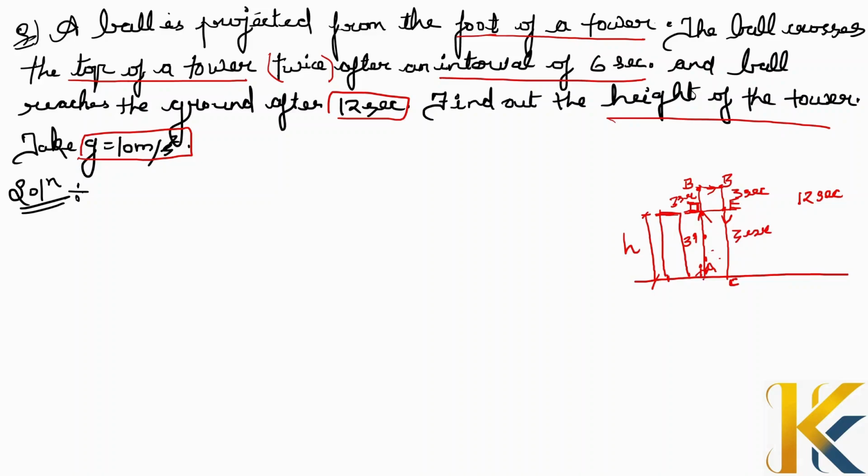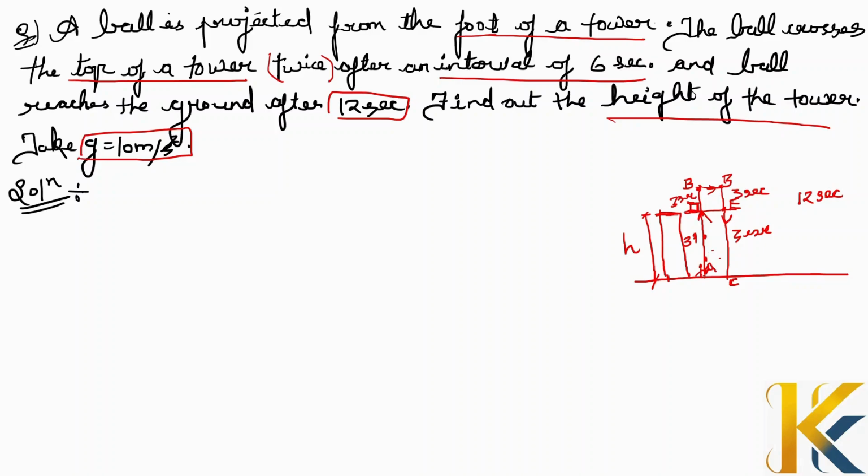Because the time taken by the ball to cover the upward length will be the same as when it is coming down. That means time taken to ascend will be equal to time taken to descend, right? Therefore, this should be 6 seconds. Total is 12 seconds.